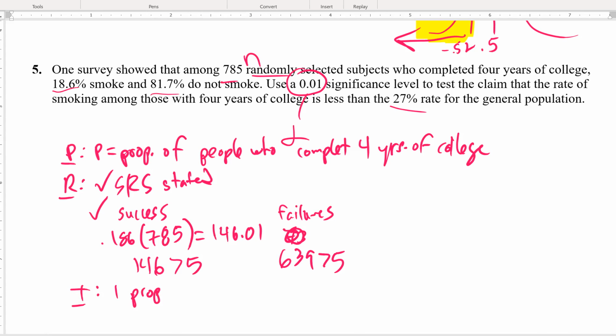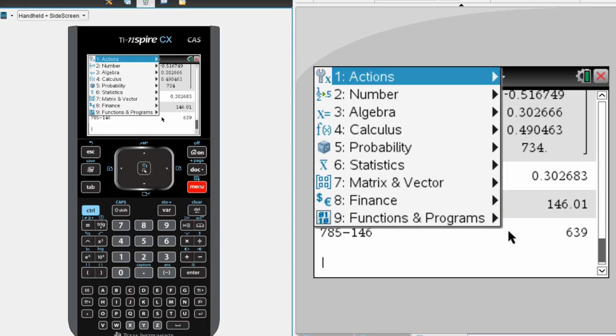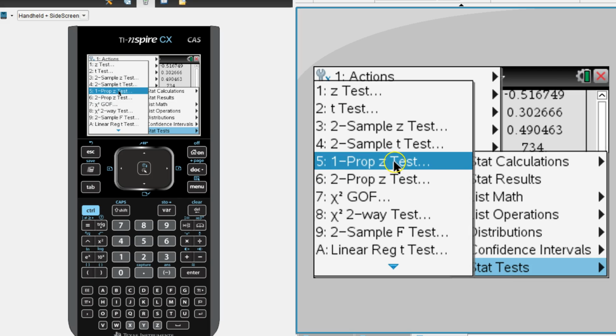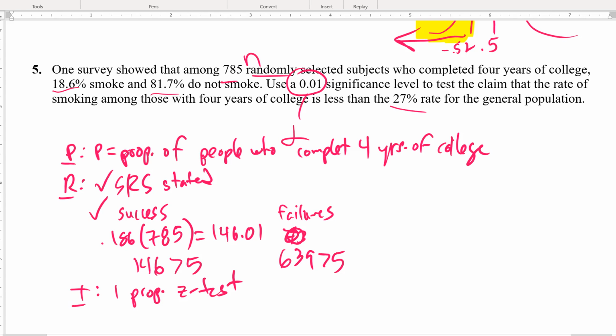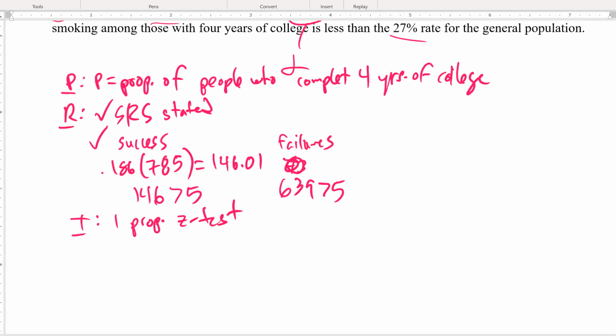1 proportion Z test. Menu, statistics, tests, 1 proportion Z test. What was the claim? Oh, we didn't. See, I knew this was going to catch me. We didn't do that yet, right? We have to know the hypotheses.